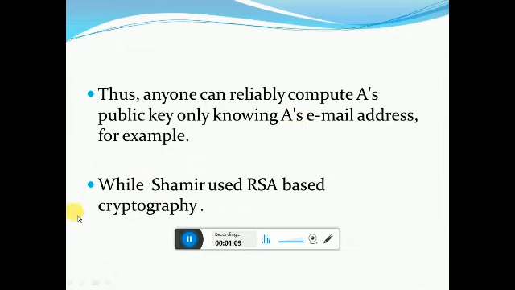This idea of Shamir used RSA-based cryptography, but later Boneh proposed the same idea using bilinear pairings in 2001, and it is a bit more popular compared to the idea proposed by Shamir.